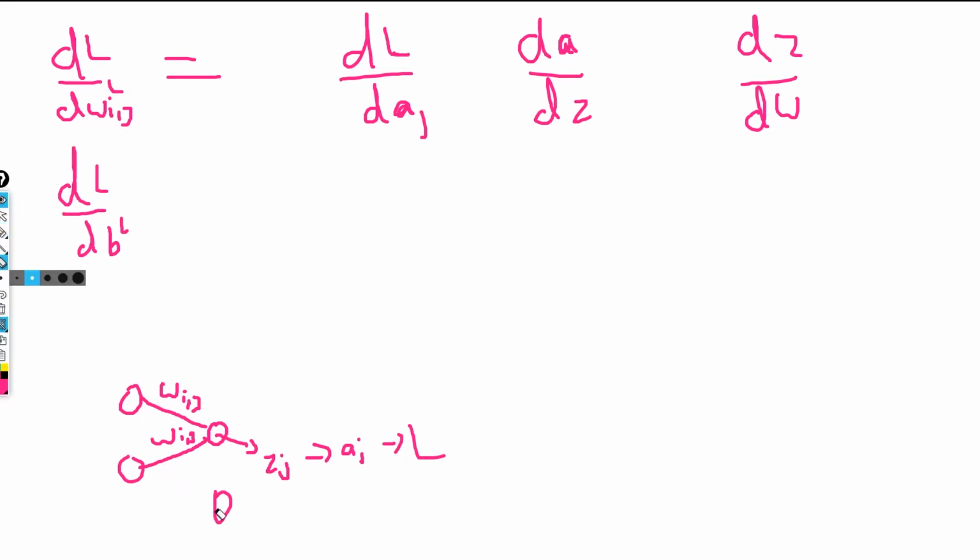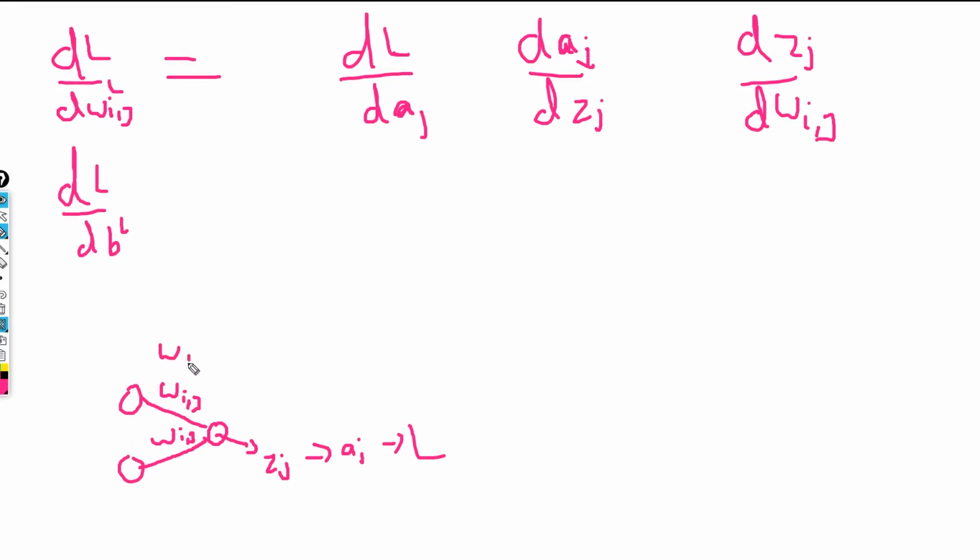I hope that you know how differentiation works, and I've explained all of these kinds of things in detail in linear regression. So this is going to be j. Now this Aj is going to be affected by this Zj, and this Zj is going to be affected by W_ij.